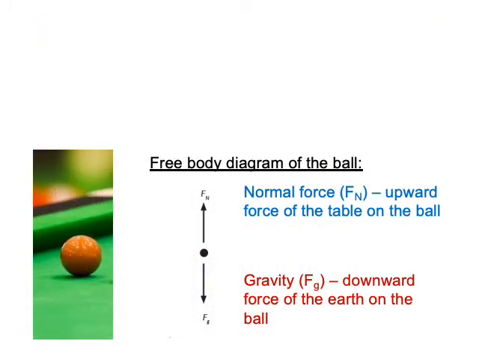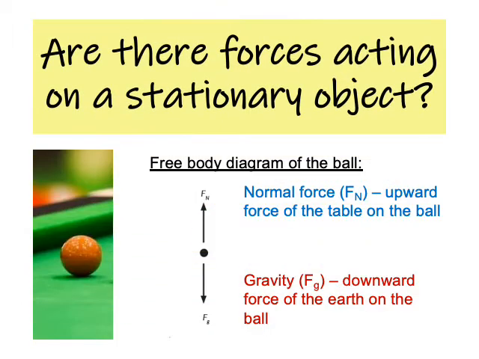Consider an object that is not in motion, like this ball on the table. Are there forces acting on a stationary object? Yes. The free body diagram of this ball shows that there is an upward force called the normal force, or F sub n, exerted by the table on the ball, and there is a downward force, F sub g, or gravity, exerted by the earth on the ball.